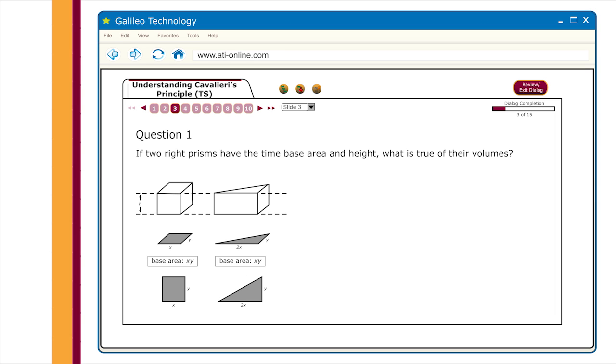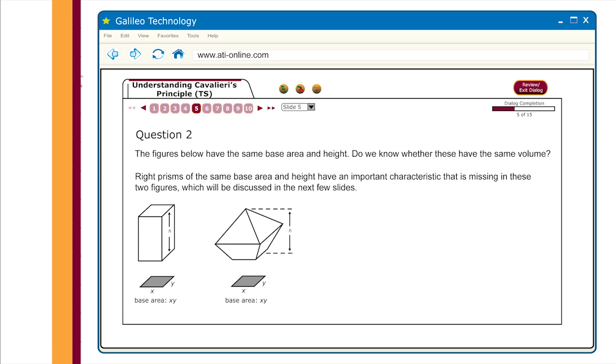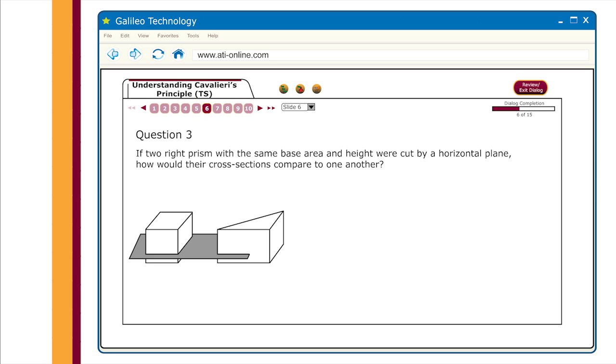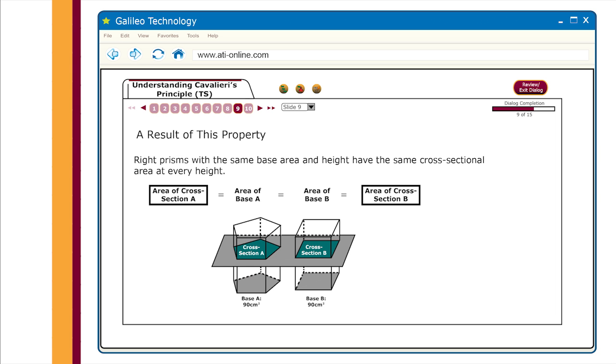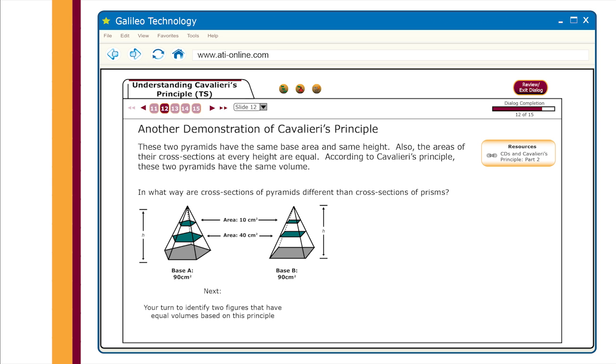Realizing that this concept is sometimes explored but rarely state-mandated, ATI has developed and continues to develop resources that will assist both students and educators in the pursuit of proficiency with these standards. One of these is an instructional dialogue designed to help students understand Cavalieri's principle and the circumstances where it can be applied.